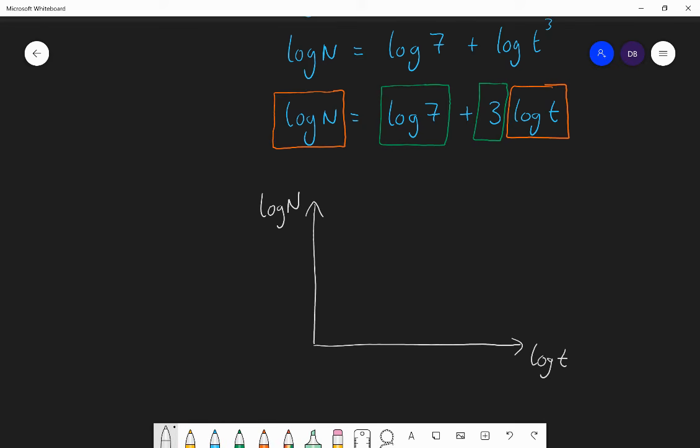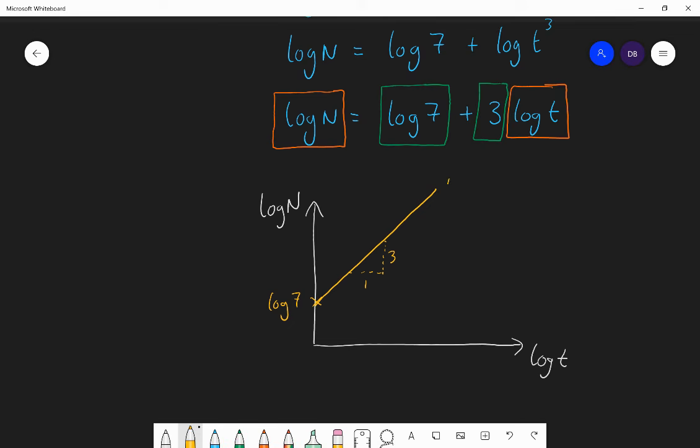And then, if that's true, then our graph goes through log 7 on the y-intercept, and it has a gradient of 3, okay? So for every 1 across, you go 3 up in the log n scale.